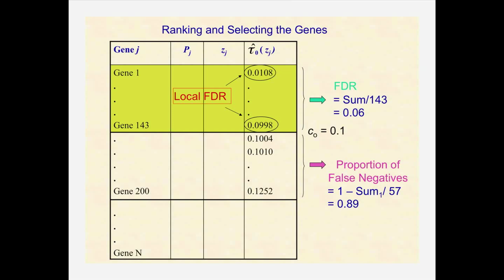Now, we might think, what would happen if we went down to 200? If we add up these estimates here and divide by 57, because we've got an additional 57 genes, and take it away from 1, then the estimate is that there's 89% false negatives here.